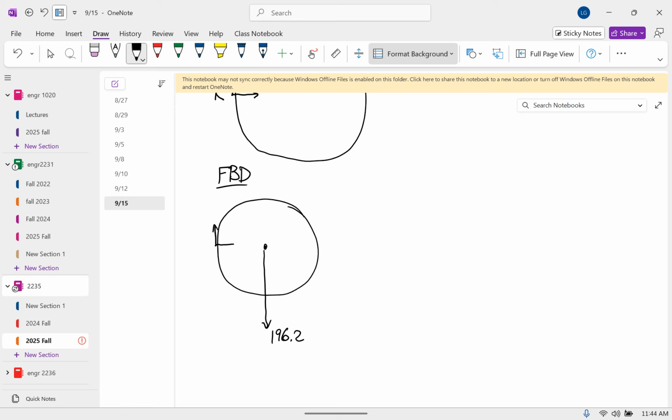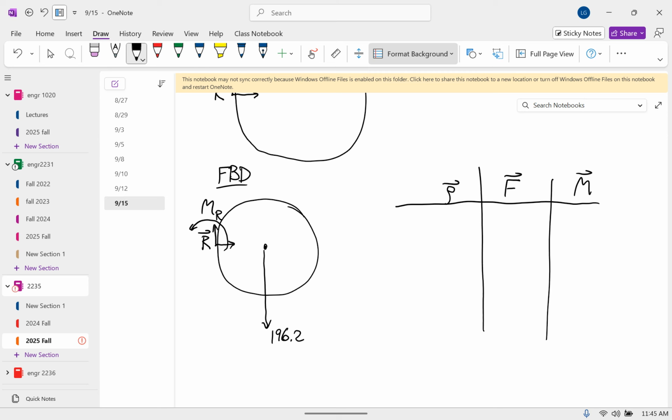And then we have these two forces, two loads, R, and then the pure moment, the couple MR. And then rho, force, moment. I guess I'll put my about point here.